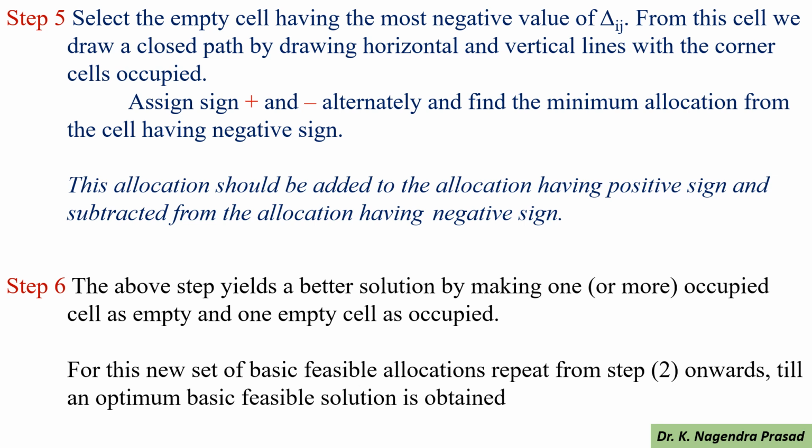For this new set of basic feasible allocations, repeat from step 2 onwards until an optimum basic feasible solution is obtained. So repeat the procedure until delta ij is greater than 0. This is the procedure of the MODI method.